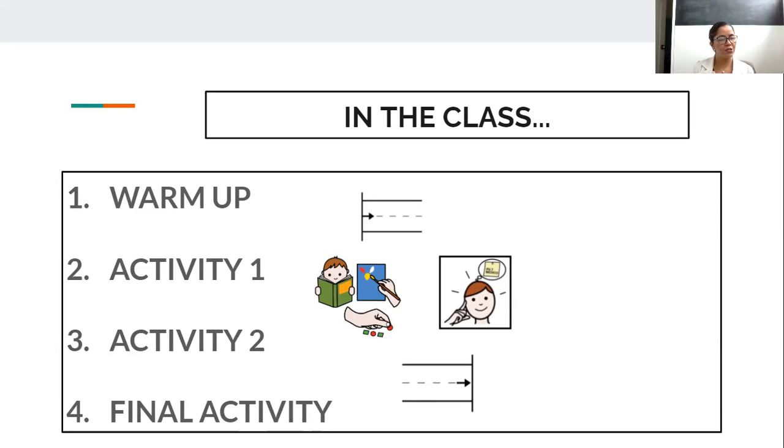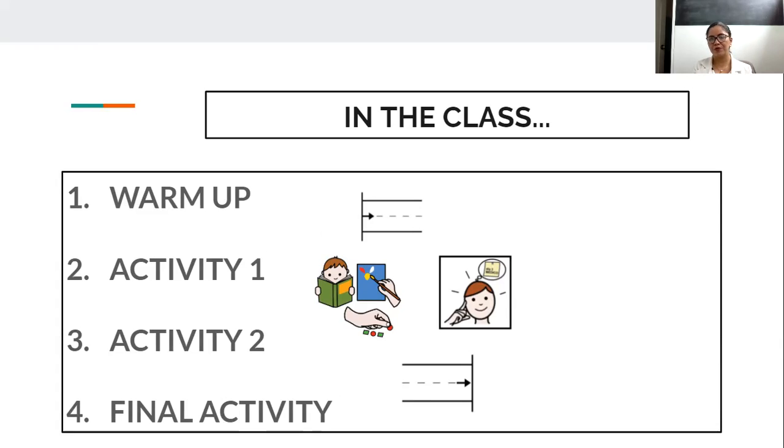They know that there is always a warm-up based on a game, an activity, flashcards, a video, a song, etc., followed by the presentation of the topic, again, in an attractive way. Afterwards, we have a practice activity. We start with a controlled practice exercise and then a more freely led exercise.